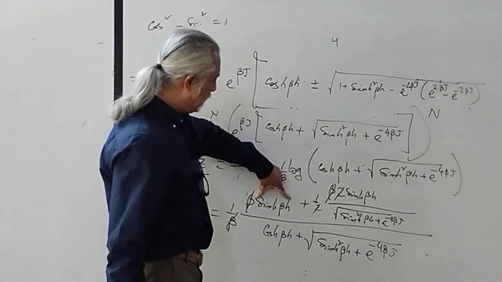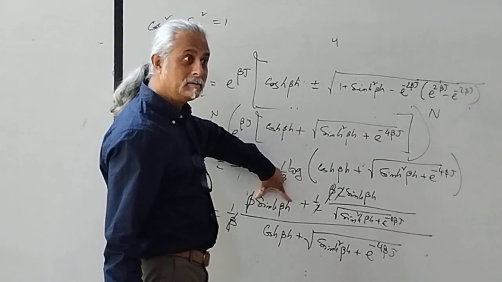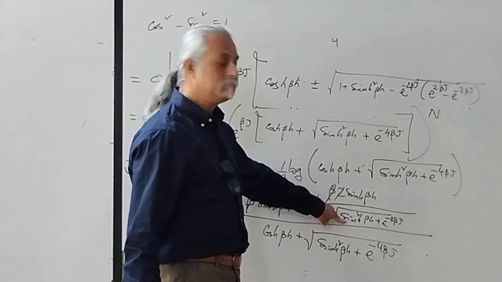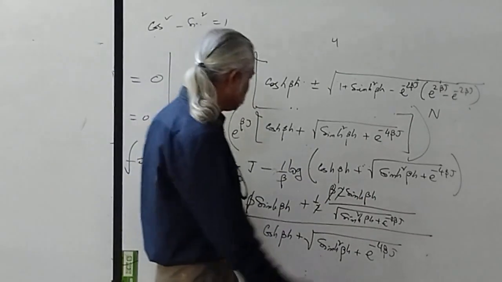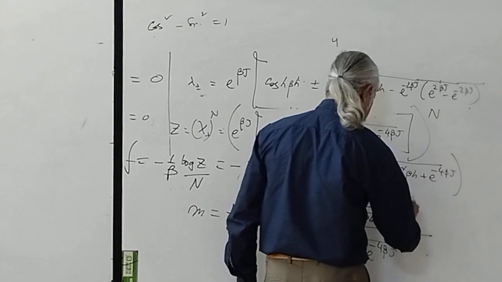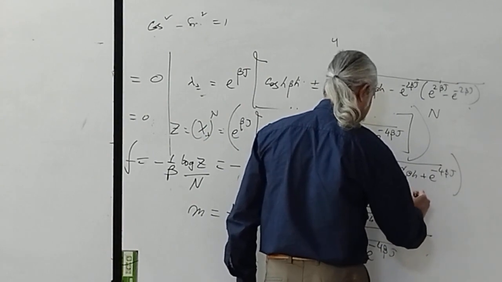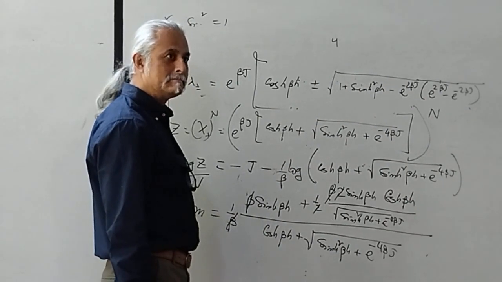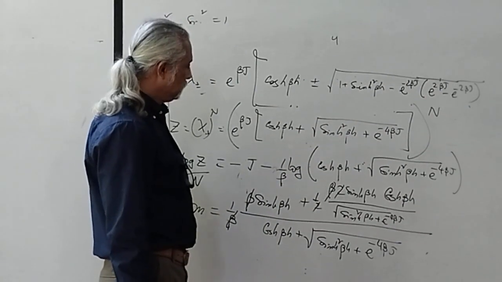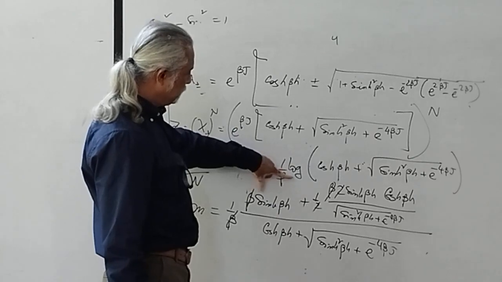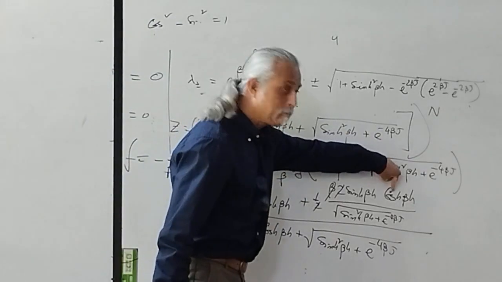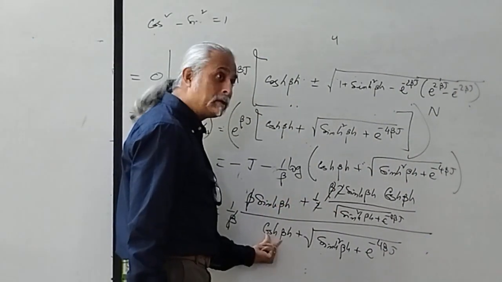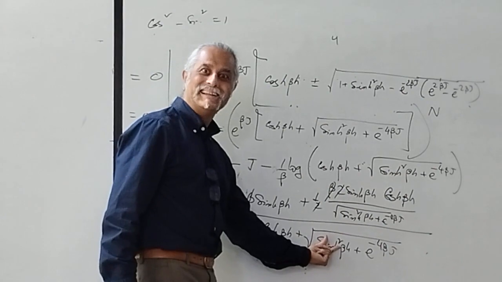You can take sin hyperbolic beta H common, then you have 1 plus 1 by this. Wait, a cos will come, cos will come, yes. Okay. So taking sin hyperbolic common, cos hyperbolic plus this here, cos hyperbolic plus this they will cancel.